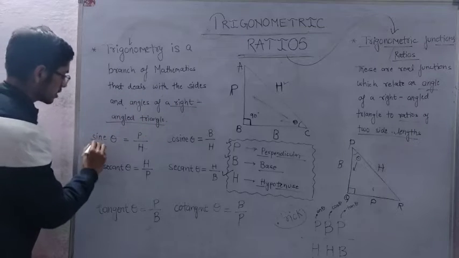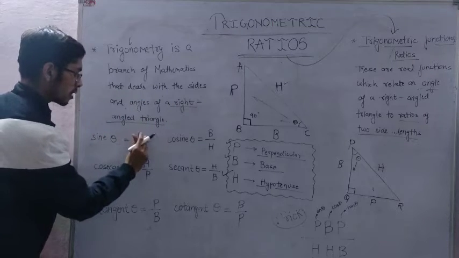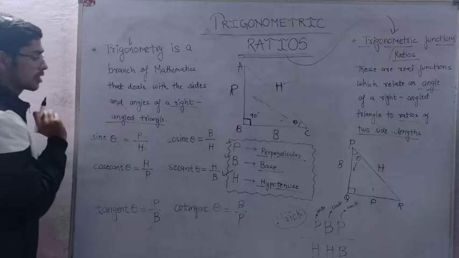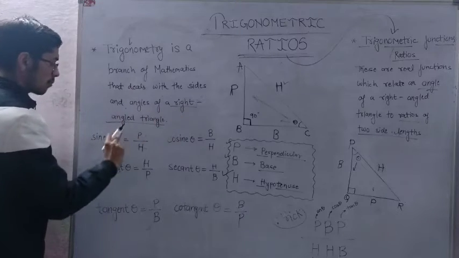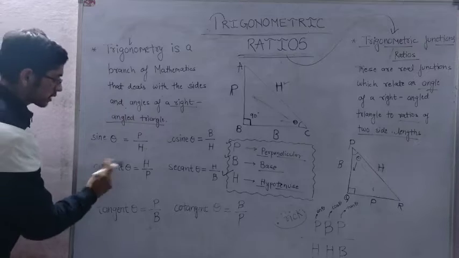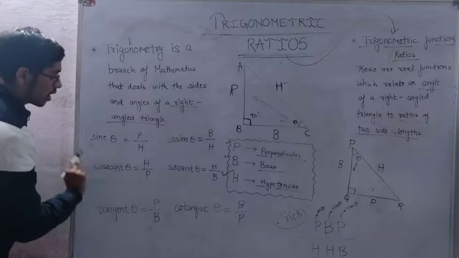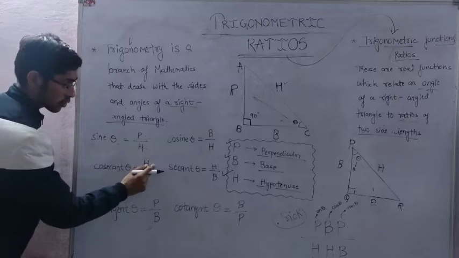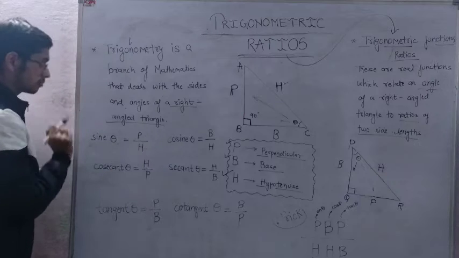Sine theta has the formula perpendicular upon hypotenuse, and opposite to it is cosec theta. Cosecant theta is hypotenuse upon perpendicular.